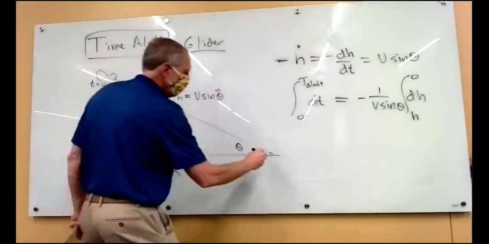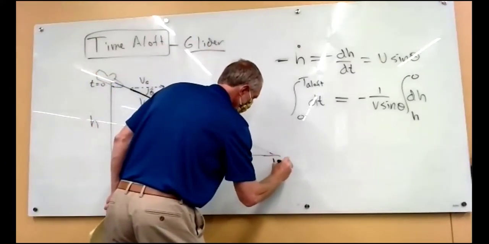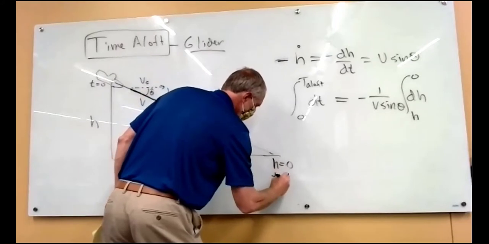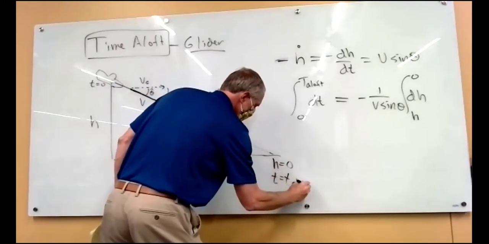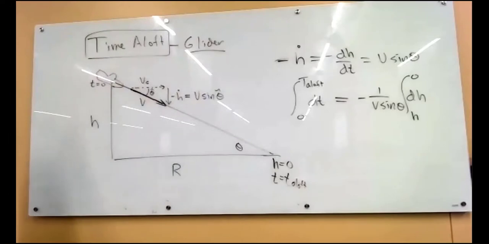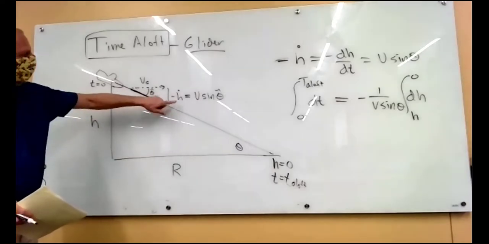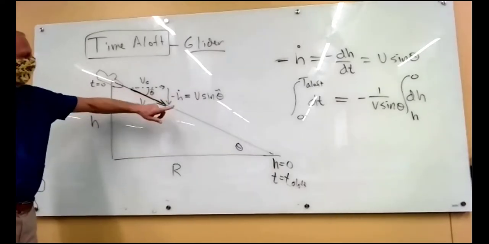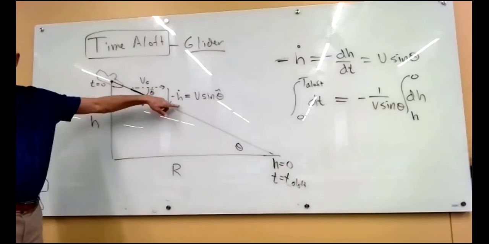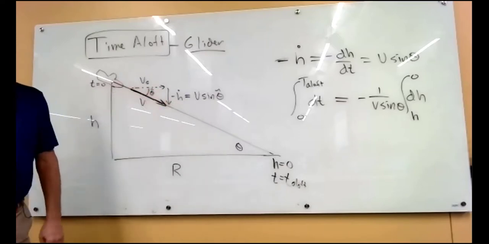And then down here, we're at h equals 0 and t equals t aloft. And all we do is add up all of the h dots. Or you can even think of it more simply as distance per time. So we're just figuring out what time it takes to go that certain distance down.